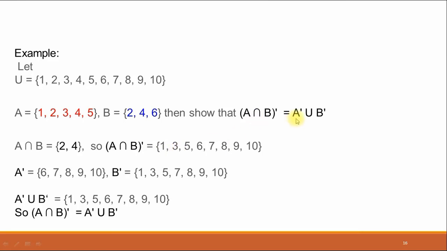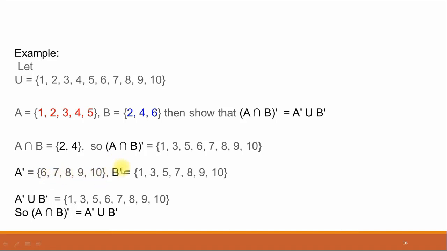Now for the right hand side, first of all find A'. A' means subtract set A from the universal set. Cancel all these elements 1, 2, 3, 4, 5 from the universal set, and the remaining elements are 6, 7, 8, 9 and 10. So A' contains 6, 7, 8, 9 and 10.